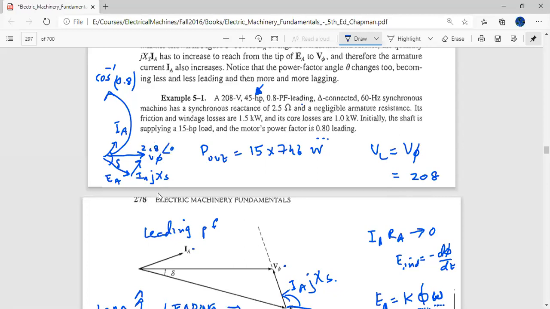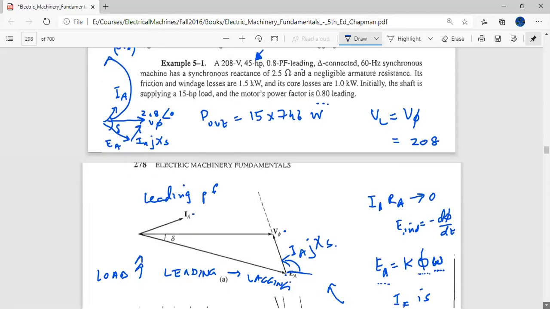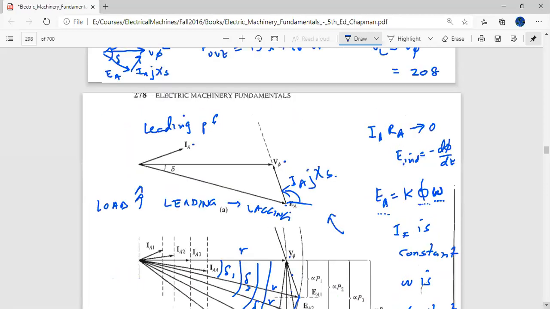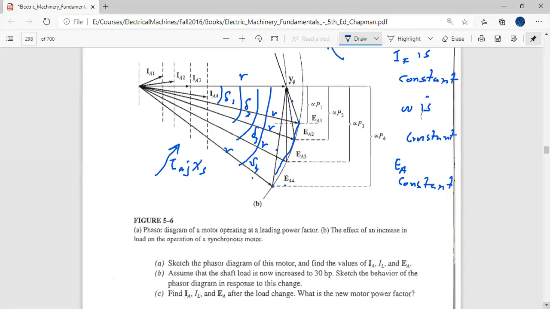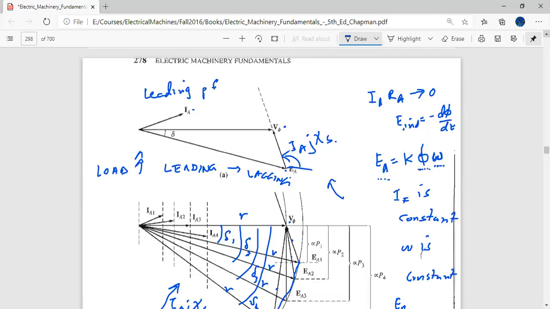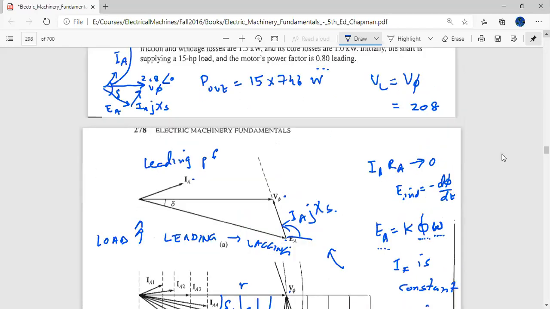So this much I can put in the sketch, and other quantities I haven't found so far, so I cannot put on the sketch. Oh, it also says you have to find the values of IA, IL, and EA. So we have to find these values in order to label the sketch.